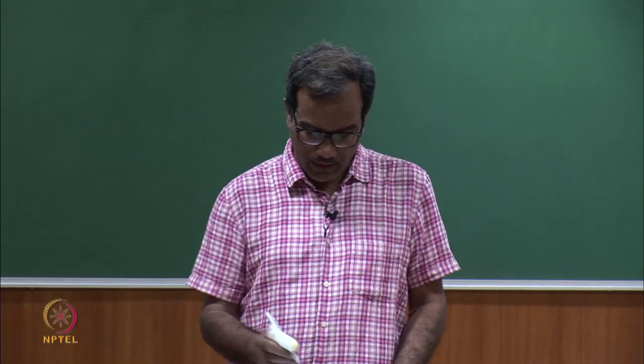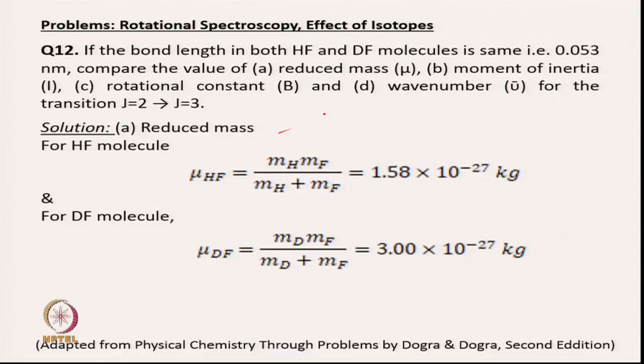So, let us first calculate the reduced mass. Mu HF will be the mass of one hydrogen atom multiplied by the mass of one fluorine atom divided by the mass of one hydrogen atom plus the mass of one fluorine atom. When you do the calculation, you will get 1.58 into 10 to the power minus 27 kg.